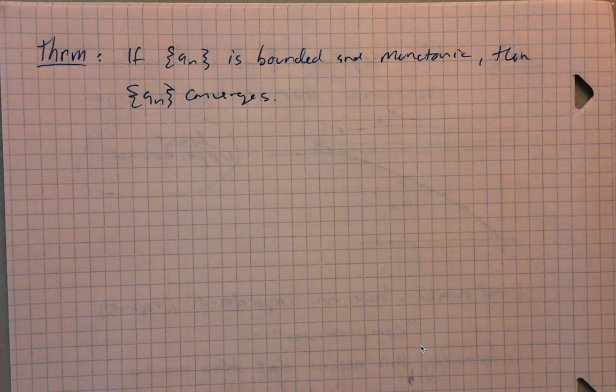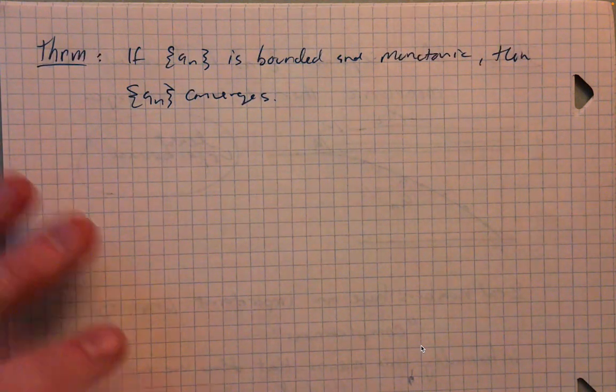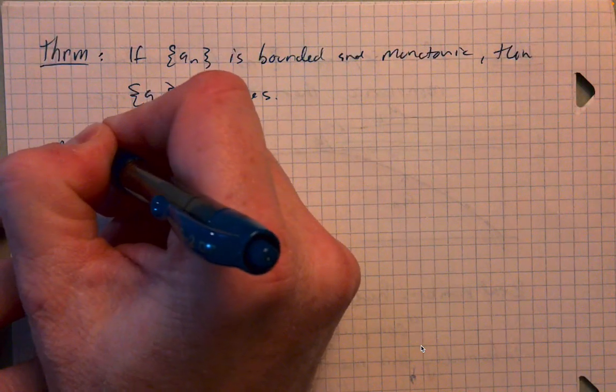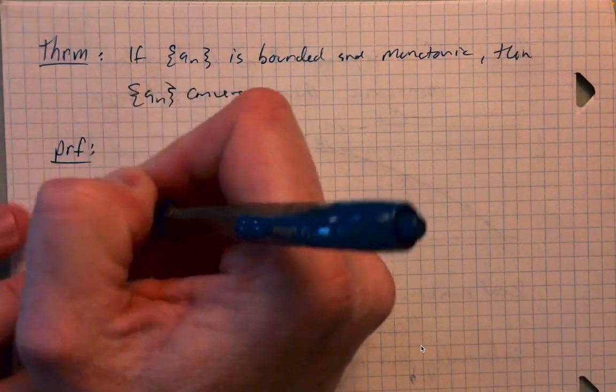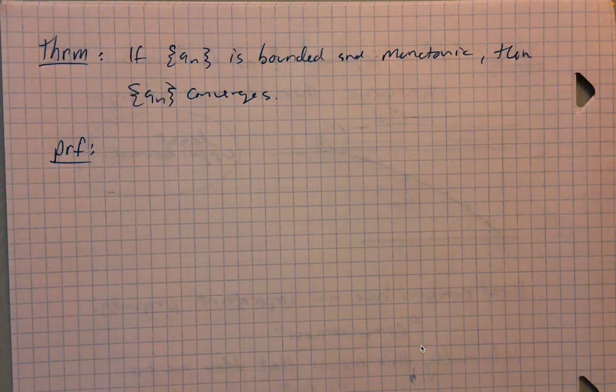This is what we already discussed, right? We brought this up. If a sequence is bounded and monotonic, then it converges. So let's prove it now. Proof.